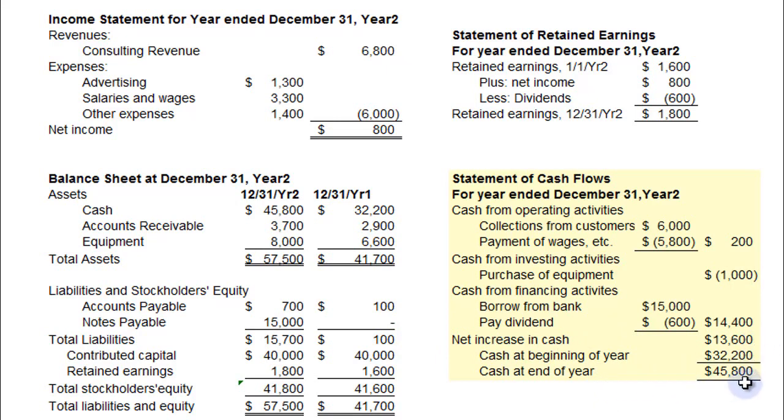The $45,800 was cash at the end of year 2. The $32,200 is cash at the beginning of year 2 or the end of year 1. The whole purpose of a statement of cash flows is to describe for investors what happened during the year to cause cash to increase by that $13,600. So this $13,600 increase in cash gets broken down into 3 different types of cash flows: operating cash flows, investing cash flows, and financing cash flows.